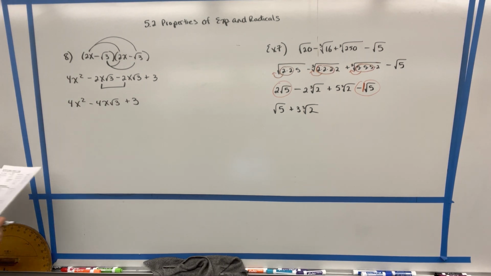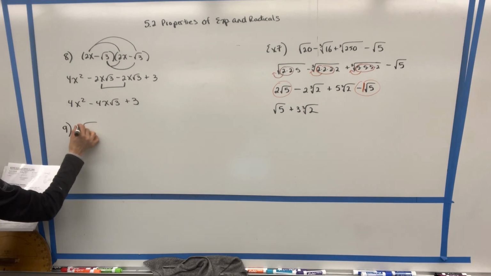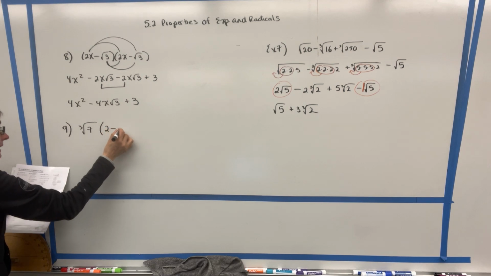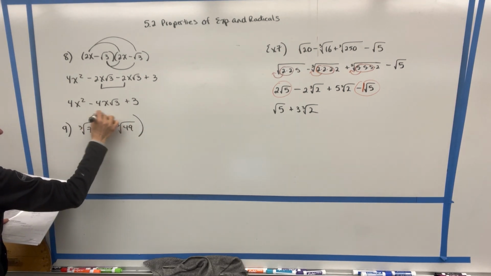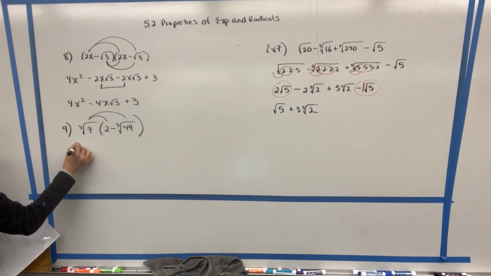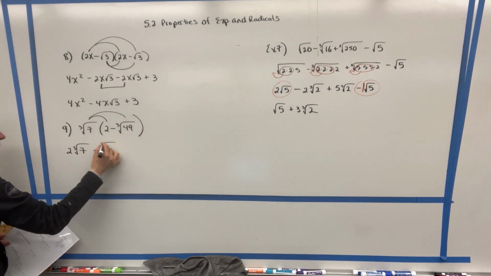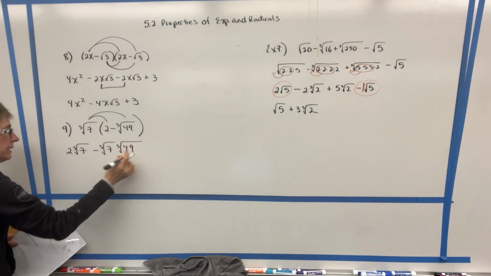Okay, let's go ahead and do example 9. This one is shorter, but it's good practice for us. The cube root of 7 times 2 minus the cube root of 49. So again, we have to distribute just like we normally would. So I'm going to have 2 times the cube root of 7 for my first term. For the second one, notice that I've got a cube root of 7 times a cube root of 49.